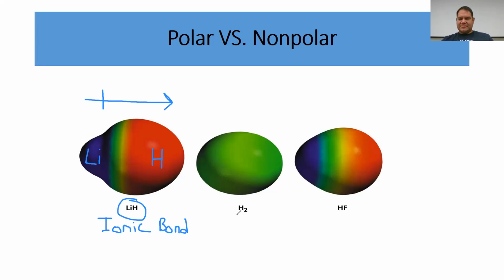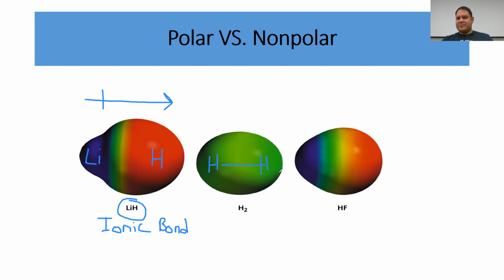Now let's look at H2 here. Now you have that normal egg-shaped electron density, and it's also green in color. So what we would say is that the electron density in H2 is pretty evenly distributed, and therefore this is a nonpolar covalent bond between the two hydrogens.